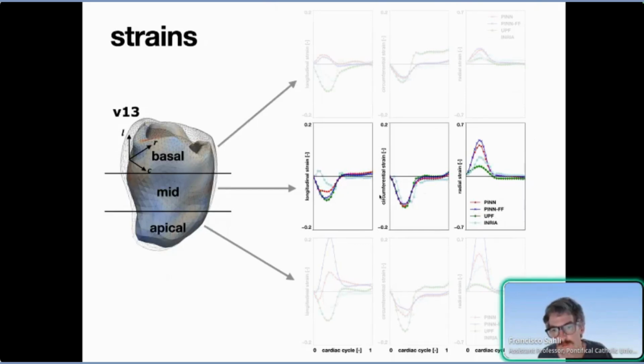Now the goal was to compute cardiac strain, and we can do that. Cardiac strains are related to the derivatives of the displacement field. We can get pretty good results in the mid region of the ventricles. We have a negative longitudinal strain, a negative circumferential strain, and a positive radial strain with values like these.